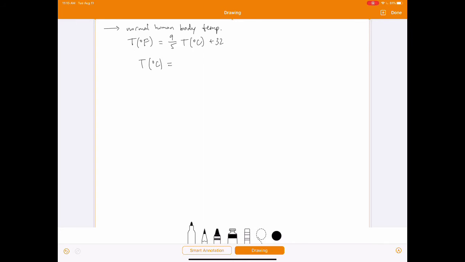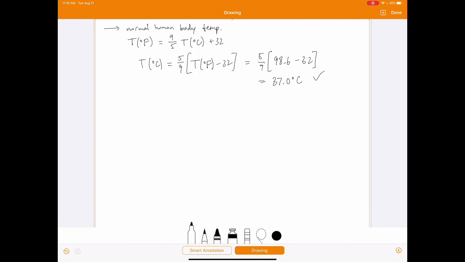So the first thing we'd have to do is take the temperature in Fahrenheit minus 32, and then we'd have to multiply that by 5/9. Okay, so what we have is 5/9. The temperature in Fahrenheit is 98.6, subtract 32, and what we get is 37.0 degrees Celsius.